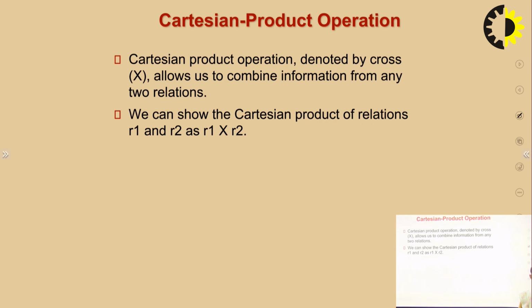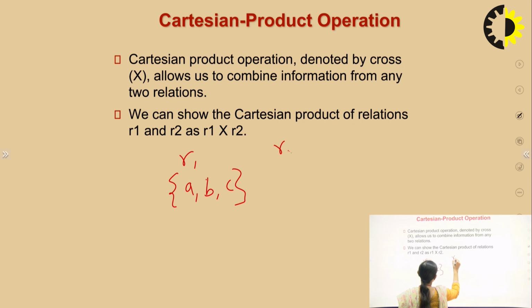The next important operator is the Cartesian product. It is denoted by cross. It allows us to combine all the information from my two relations. Again, Cartesian product is a binary operator. So if R1 has, let's suppose, these elements, and R2 has, let's suppose, X comma Y, what does R1 cross R2 say?